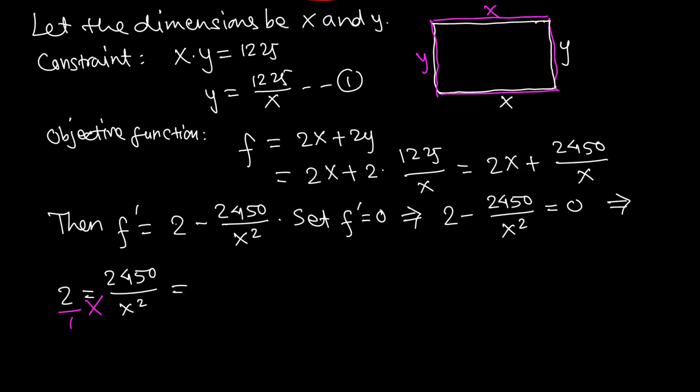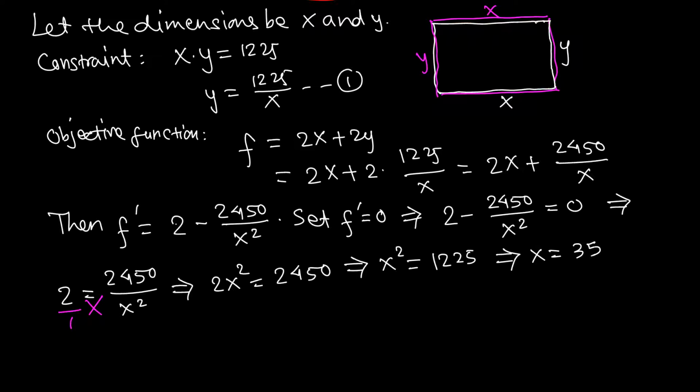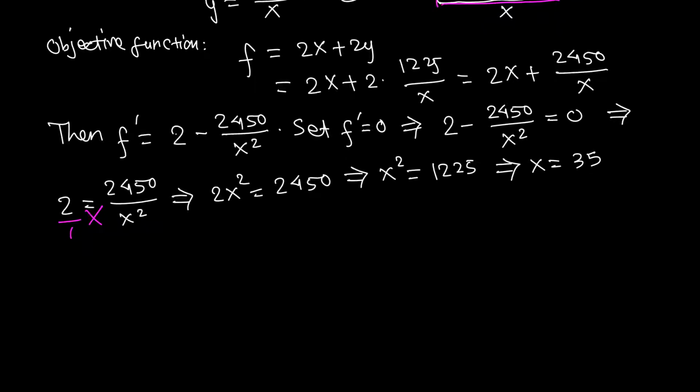So that implies 2x squared is 2450. We are trying to isolate x, so x squared is 2450 divided by 2, which is 1225. Now take the square root of both sides. The square root of 1225 is 35. So x equals 35 optimizes, in this case minimizes. But why does this minimize?